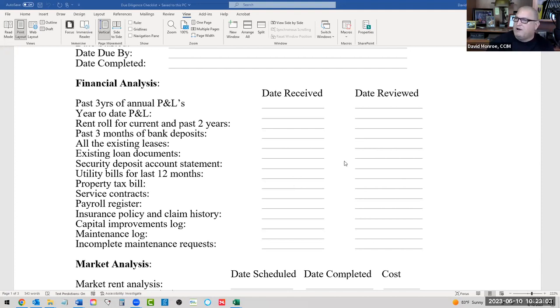Some of these contracts, like with CoinMac, that provide washer and dryers for your laundry room, have almost a bulletproof contract. That contract runs with the sale of the property.